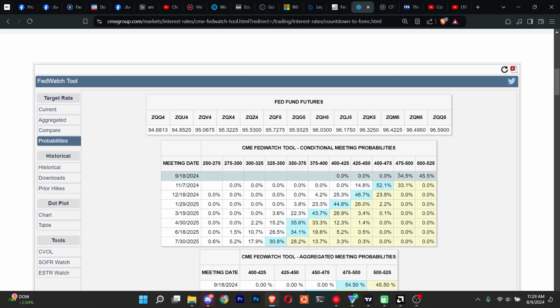And then at the end of that day, probabilities had shifted again. The majority was on the side of the 50s. And now, as you can see, it's essentially a tug of war between 50 and 25.